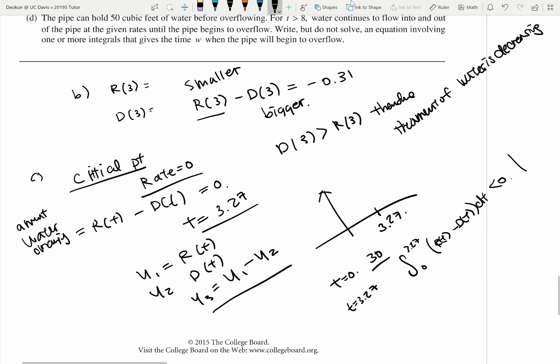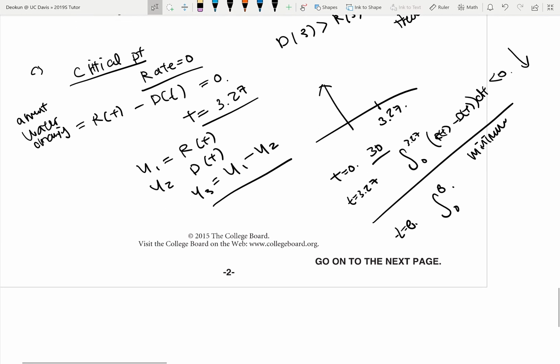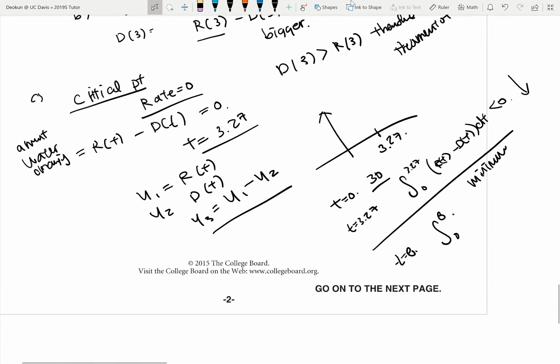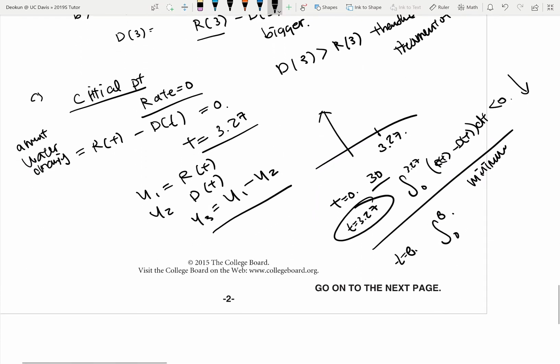So you will see the water level goes down, therefore this is your minimum, since this is your critical value. And at t equal to 8, if you do the integral from 0 to 8, then you will get a positive value, about 18.5. So the answer will be 3.27.